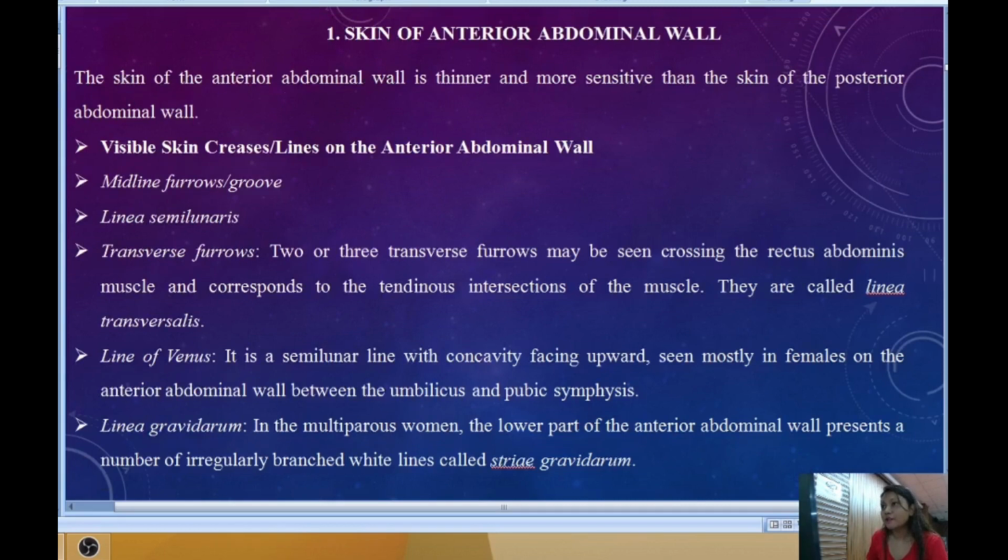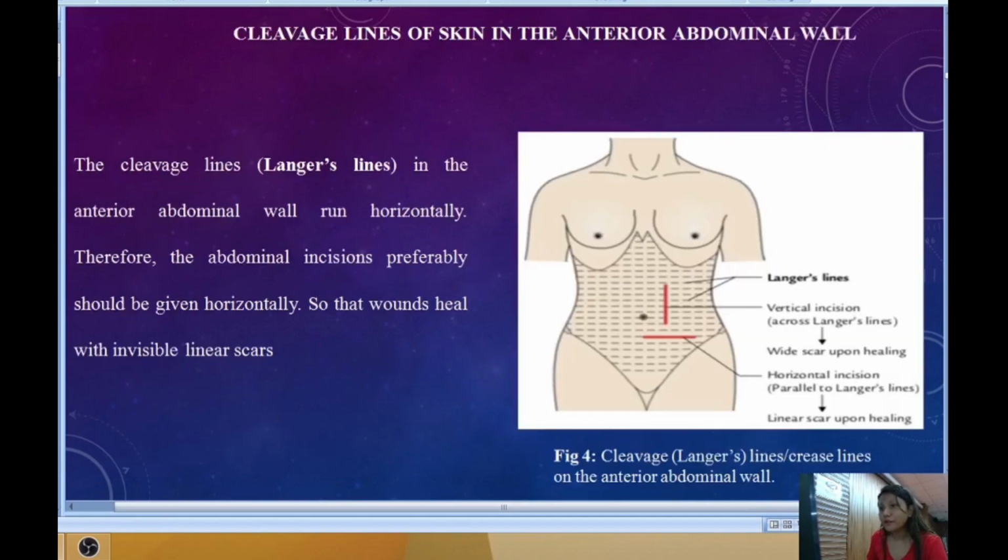Next, we are coming to the skin. In the skin, we have many landmarks: visible skin crease, midline furrows, linea semilunaris, transverse furrows, line of Venus, linea gravidarum, which is prominent in the multiparous. But what is more important are the cleavage lines, known as Langer's lines in the anterior abdominal wall.